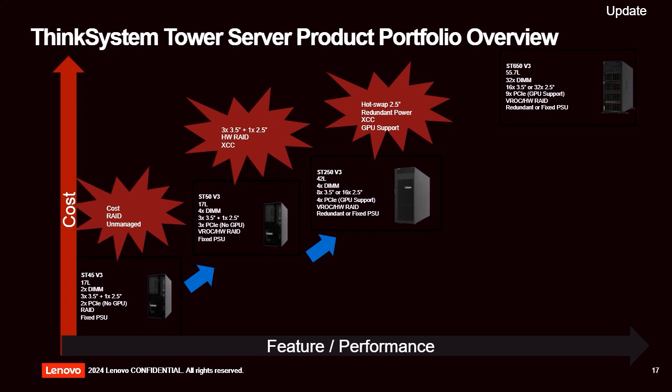But again, for any of those large deployments we have at multiple locations, the ST250 is going to be able to give you that, as well as the management with XClarity. Now, with those additional bells and whistles, we're really looking at a price point more along the lines of $1,500 to $1,600. But again, it depends on what you're needing as far as PCIe slots and how many drives you're going to want within that box compared to the ST50.